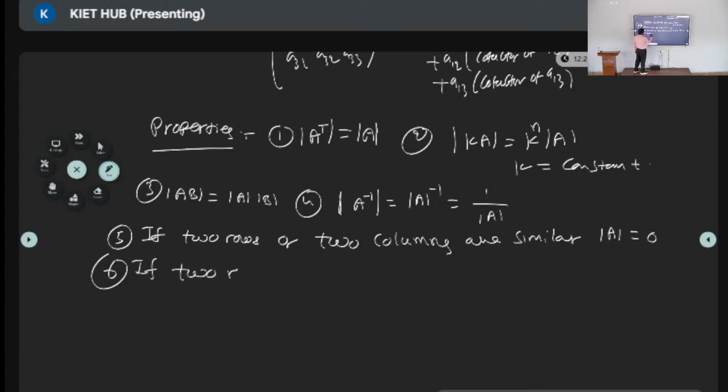If two rows or two columns are interchanged, what happens?